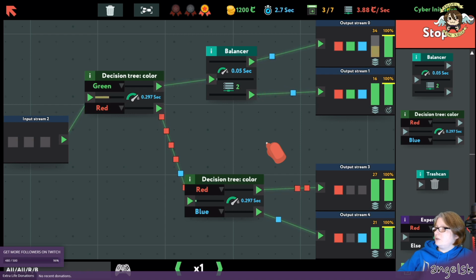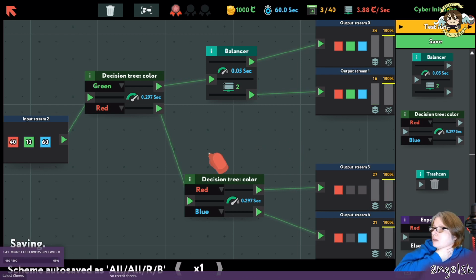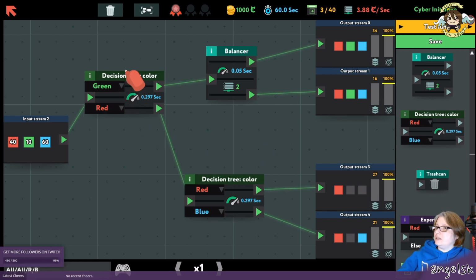Not enough going up to the top. Not enough going to the top. Okay, so it wasn't a bad idea.